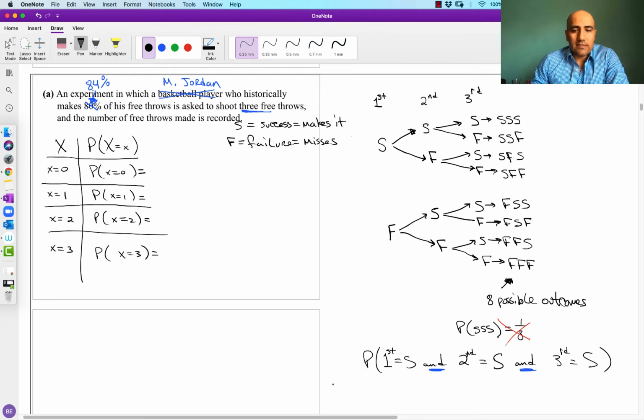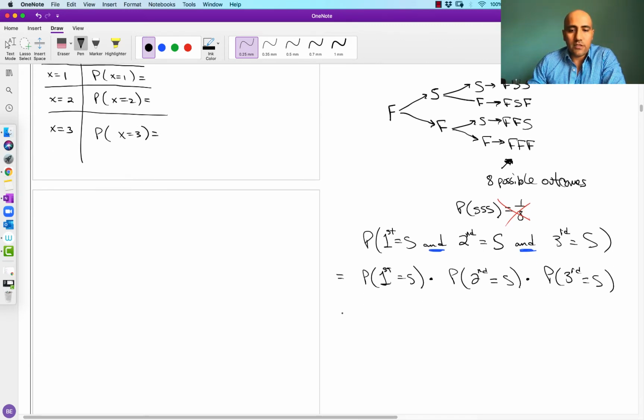So we know that this is going to be equivalent to the probability that the first one is a success times the probability that the second one is a success times the probability that the third one is also a success. And they're all independent, right? So the probability that the first one's a success, that's 84%. Probability that the second one is a success is also 84%. They're all 84%.